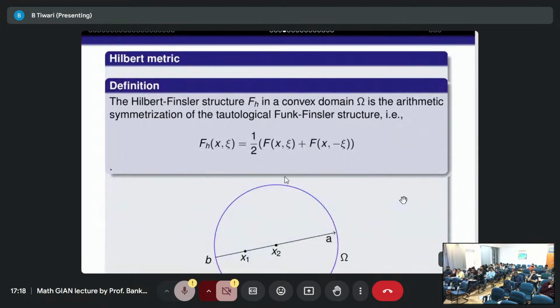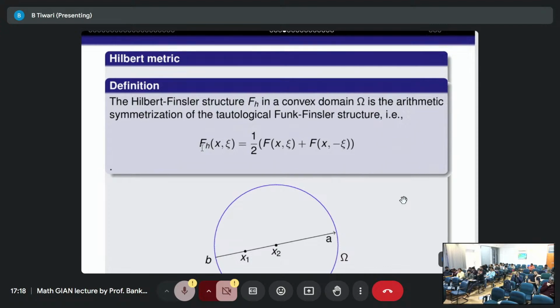The next example of Finsler metric is the Hilbert metric. Now, the Hilbert-Finsler structure in a convex domain omega is actually the arithmetic symmetrization of the tautological Funk-Finsler structure. So, if F(x, xi) is the Funk-Finsler structure for a domain omega, then you consider this reverse Funk structure and you take its arithmetic symmetrization, right?